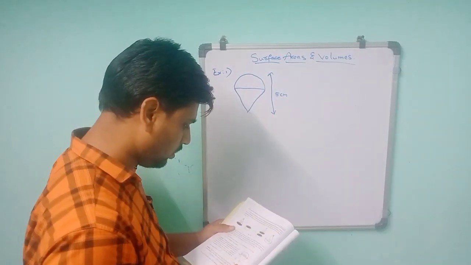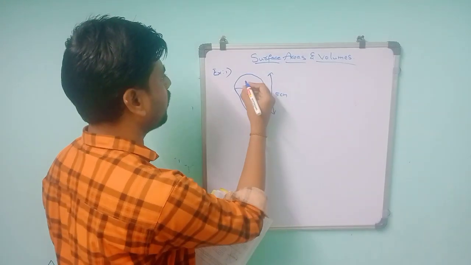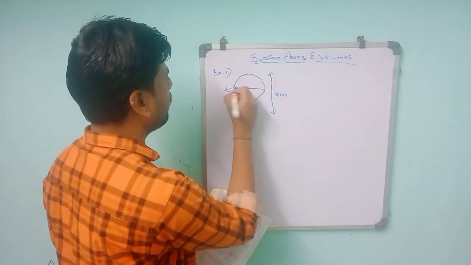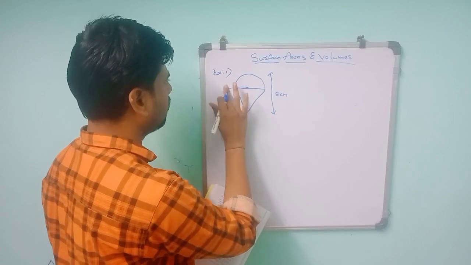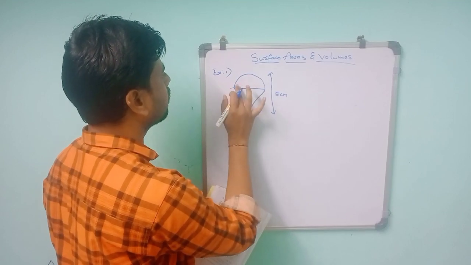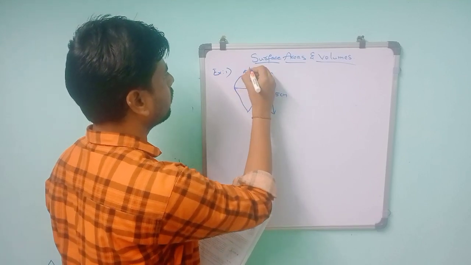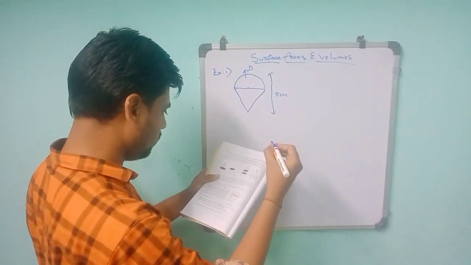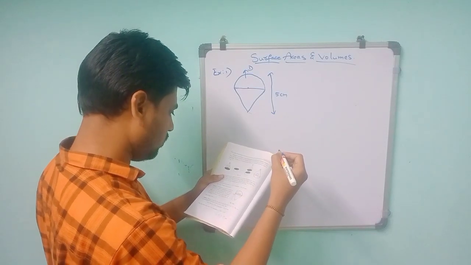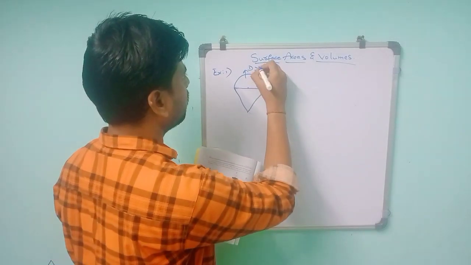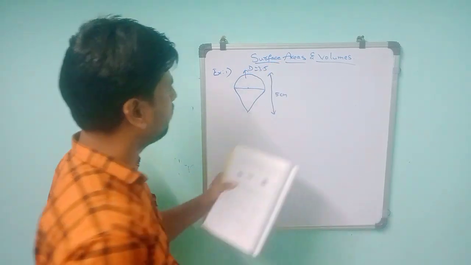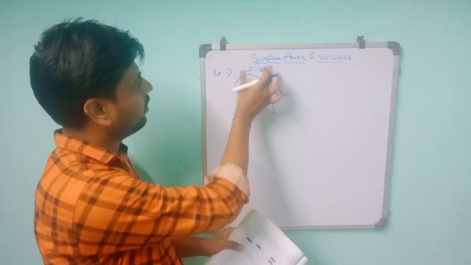In that, the diameter of the top, this is the top, so the diameter of this top is given as 3.5. So this is 5 cm and the diameter of the top is 3.5.